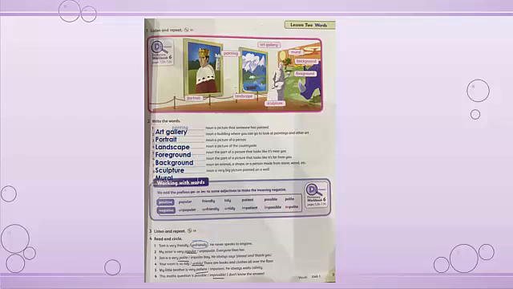Number 3, portrait, a picture of a person. Number 4, landscape, a picture of countryside. Countryside means village, okay? Foreground, this is number 5, the part of a picture that looks like it's near you.